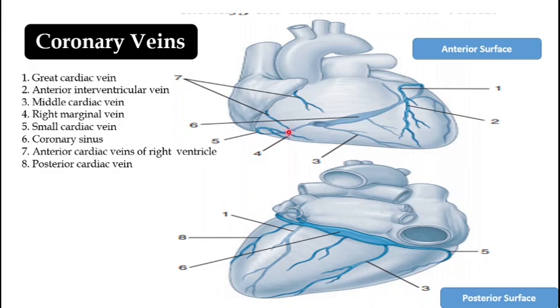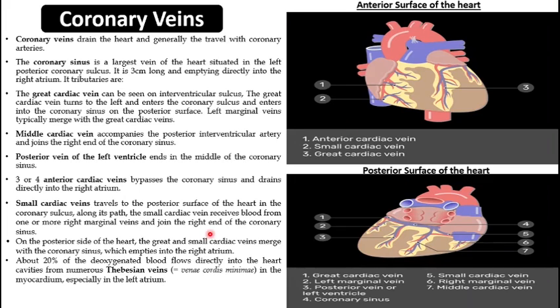So the small cardiac vein and the great cardiac vein both merge into the coronary sinus, which empties into the right atrium.